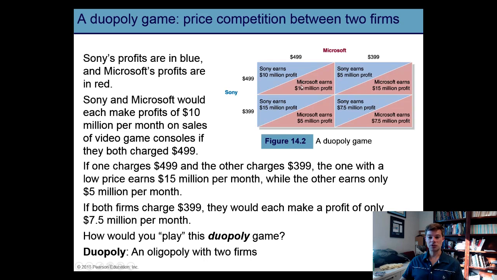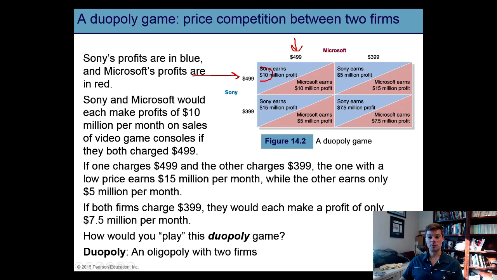Once Sony picks a row and Microsoft picks a column, this will indicate which of the four boxes we're in. Inside the boxes are numbers, and the numbers represent the payoffs or the profits for the firms. For example, if Sony picks a price of $499 and Microsoft picks a price of $499, then we'll be in the upper left-hand box.